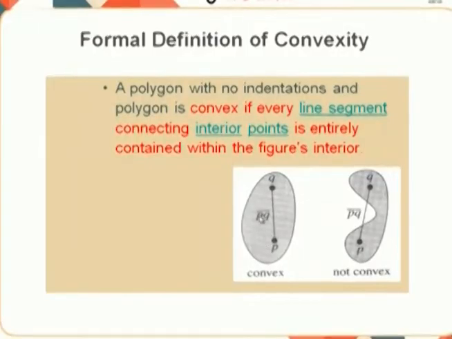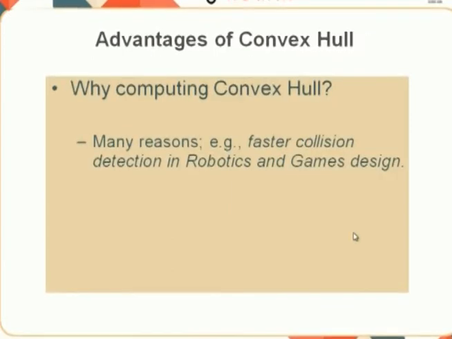For example, we can call this polygon convex because I am taking 2 points P and Q and connecting them by a line segment, and you can see this line segment falls completely within it. This one is not convex because if I take points P and Q, the segment lies outside the polygon. Therefore, this is not a convex polygon, but a concave polygon.